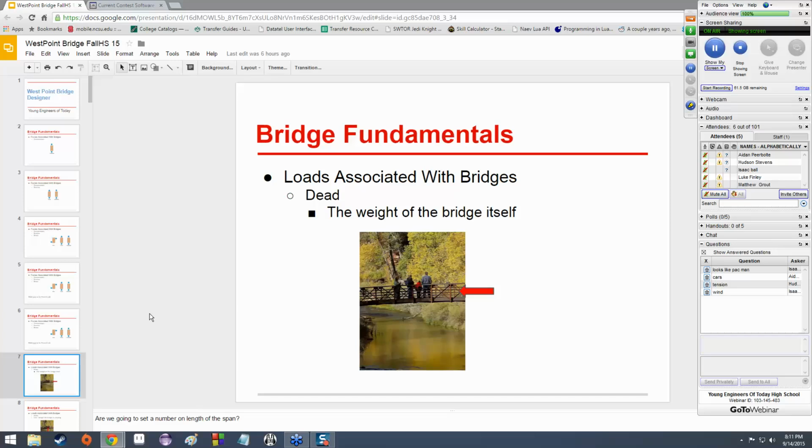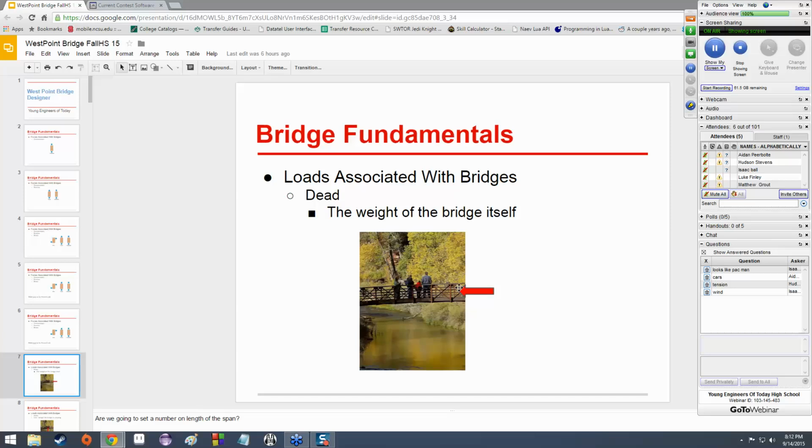That is the load that always exists. So that's job one as a bridge engineer, a civil engineer. You want to make sure that your bridge won't collapse under its own weight. That's kind of an important thing. But yeah, a dead load is the weight of the bridge itself.